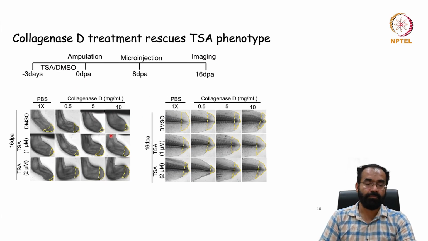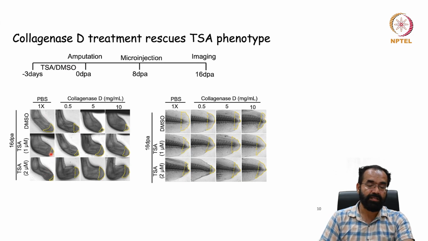Now, same result we can get by collagenase treatment that rescues the TSA phenotype in the limb and also in the tail of axolotl. So you can see the DMSO, how the collagenase treatment is reducing the blastema in the DMSO, whereas in TSA there is a reduced blastema that is present in the PBS treated.